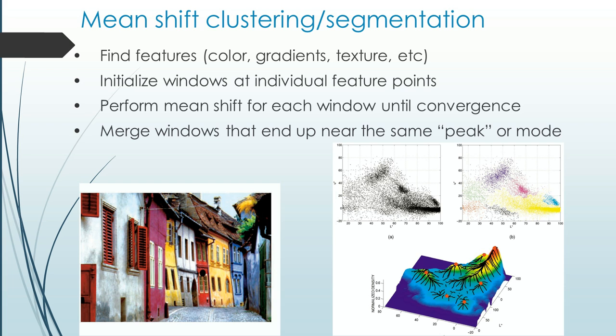Once we have the convergence, we merge these windows to end up in the actual local maxima, as you can see here. For the image on the bottom, we can see that from the initial feature space, we can come up with different representations of the clusters based on the actual local maxima that I found in each of the clusters, as you can see here.